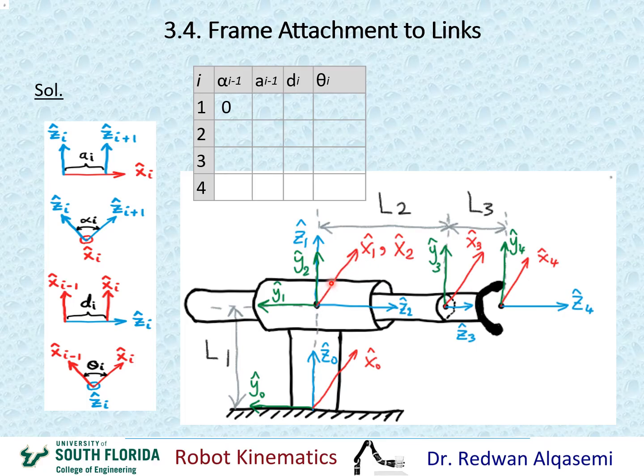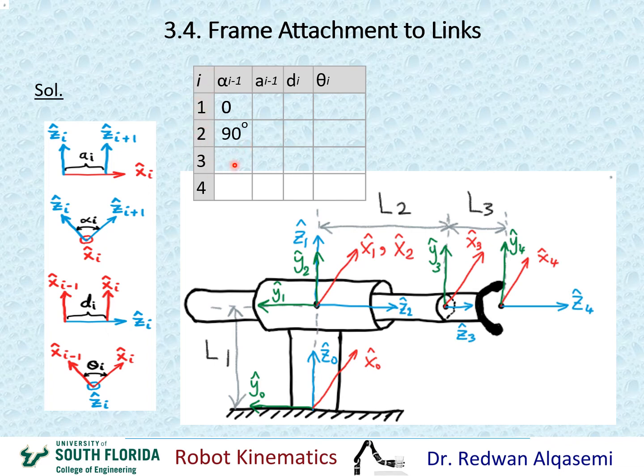I'll have to put my thumb along the positive direction of x1, my forefingers along z1, and then I'll move my forefingers into the direction of z2, and see how much I moved my fingers. Obviously, if I put my thumb along x1 and my forefingers along z1, then to go to z2, I'll have to move my fingers positive 90 degrees. So that gives me the angle between z1 and z2 about x1. That means alpha 1 will be positive 90 degrees.